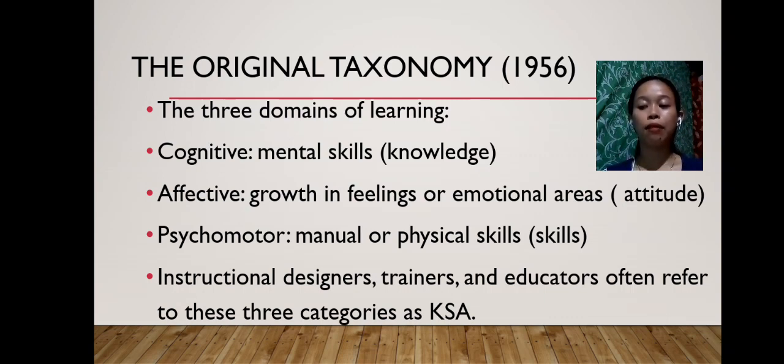Psychomotor is in manual or physical skills, also known as skills. Instructional designers, trainers, and educators often refer to these 3 categories as KSA. It means KSA is knowledge, skills, and attitudes.